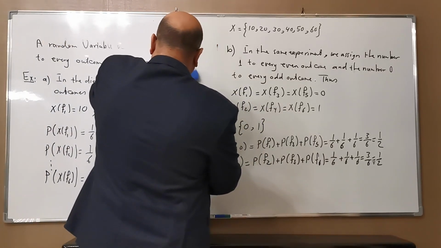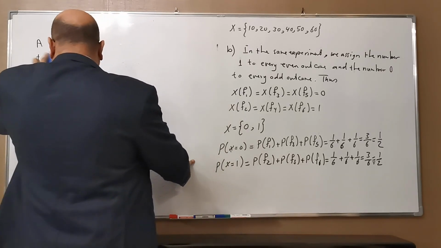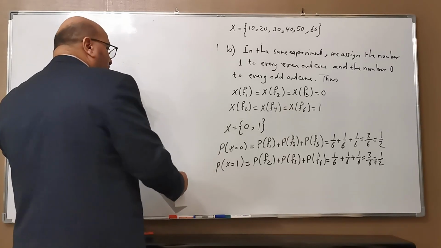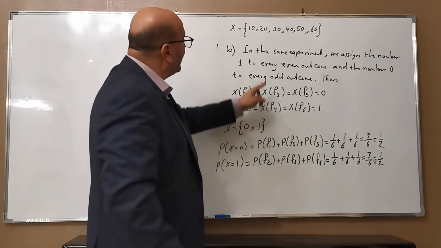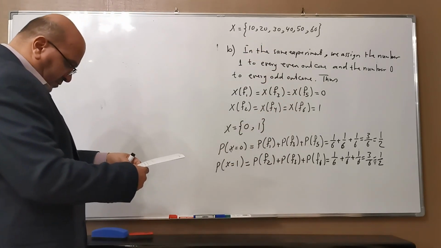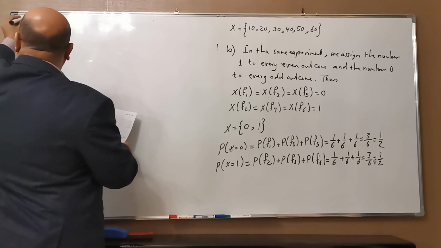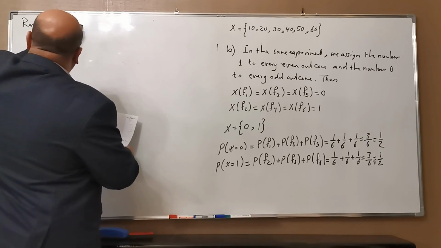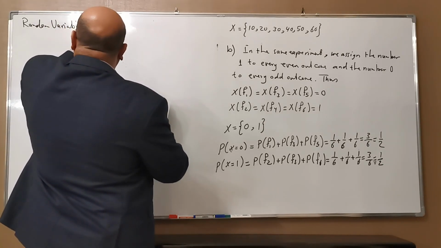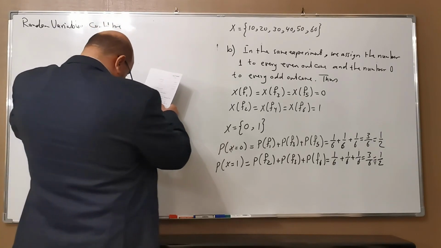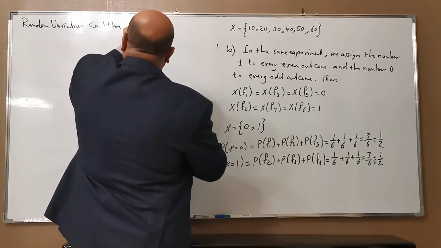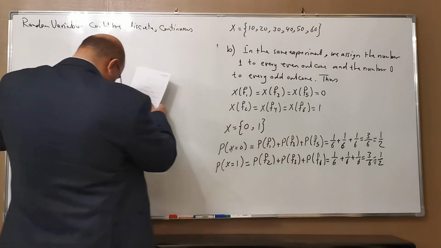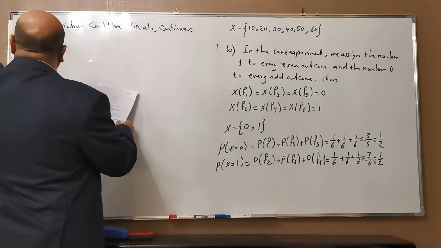Okay? In both experiments, or in both transformations from the experiment to the random variable, we have discrete values of X, not continuous values of X. So random variables could be discrete, continuous, or mixed.